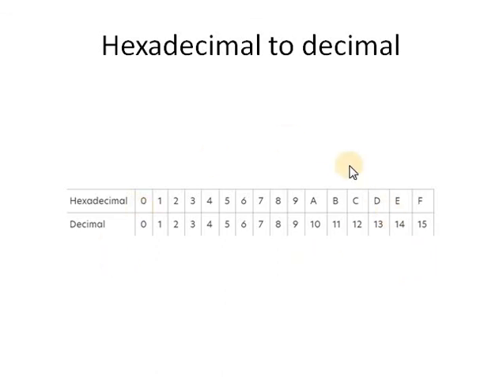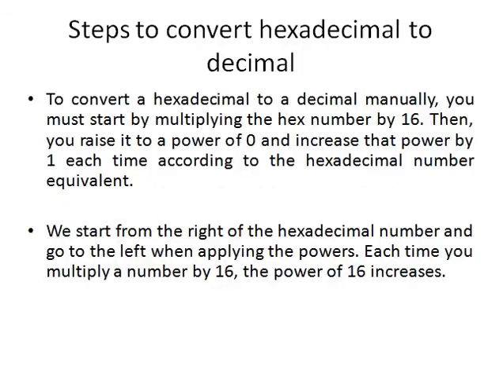This is what we should remember, the difference between hexadecimal and decimal. Hexadecimal has both numbers and letters, but decimal has only numbers. So next we will see how to convert hexadecimal to decimal.